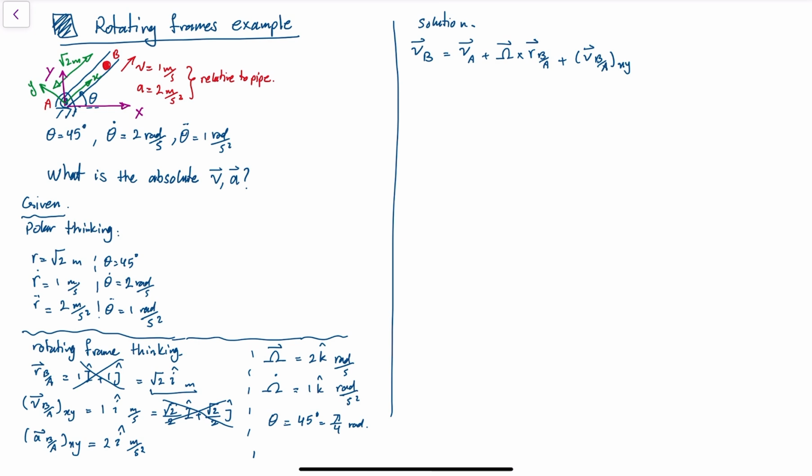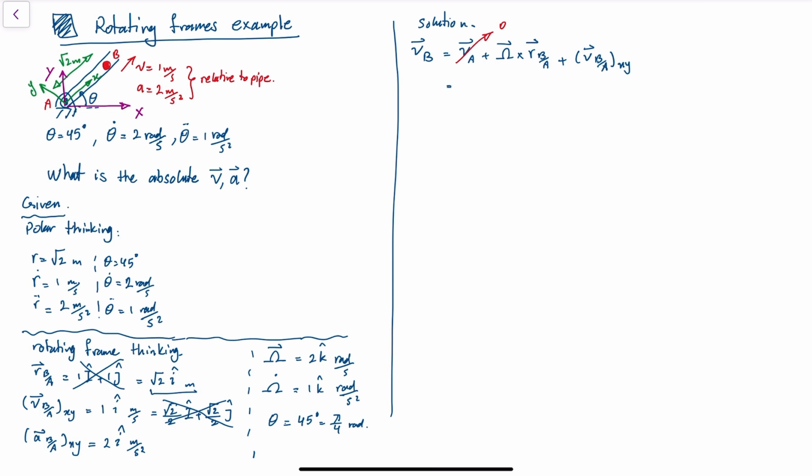Noting that we didn't explicitly mention this, but it was our choice to keep the base at the fixed hinge. So A doesn't move in the absolute frame, so that is 0.